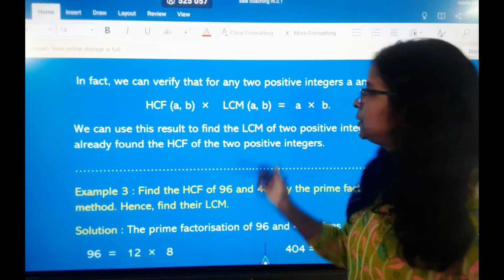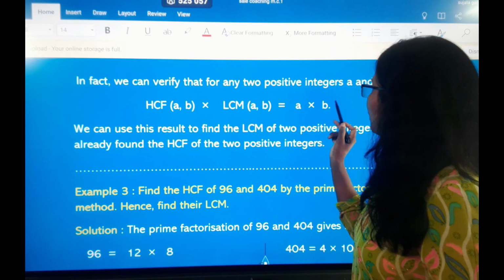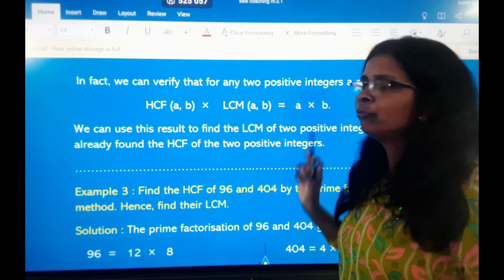Very easy. That is, the LCM of A and B is equal to A multiplied by B divided by the HCF of A and B.